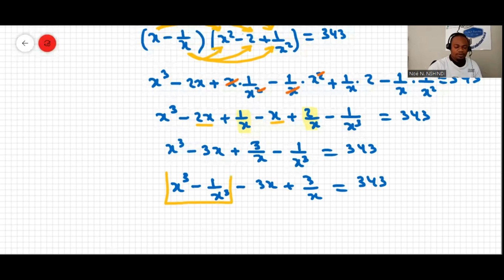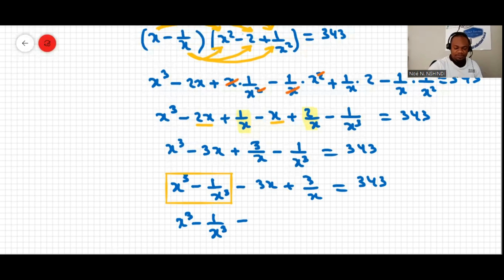I need to find the value. Now, I have negative 3x plus 3 over x. If you look carefully, you notice something. We have x cubed minus 1 over x to the power of 3, minus, over here, I can take negative 3 as a common factor.